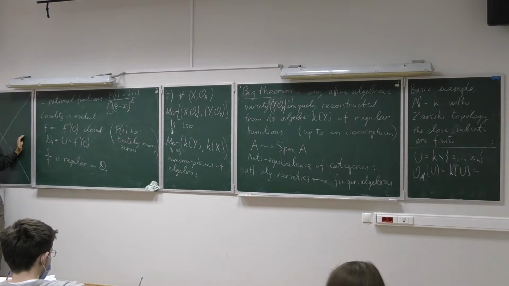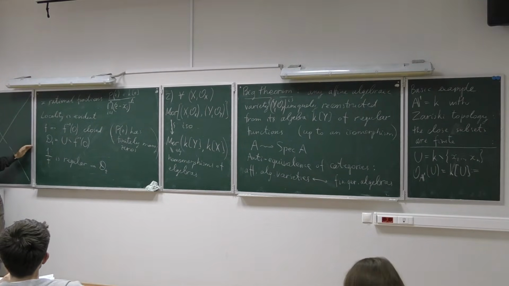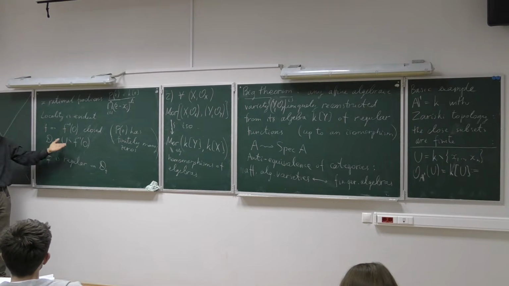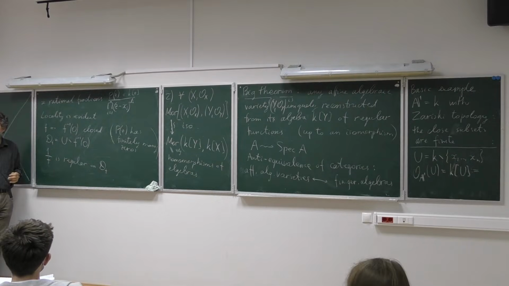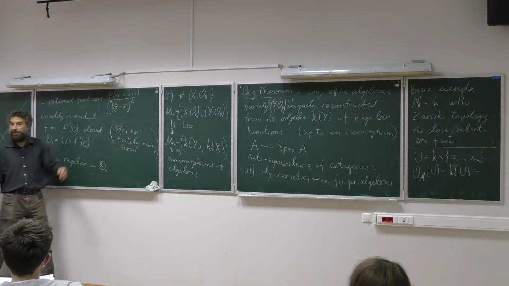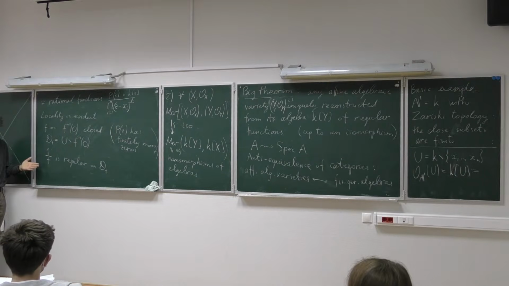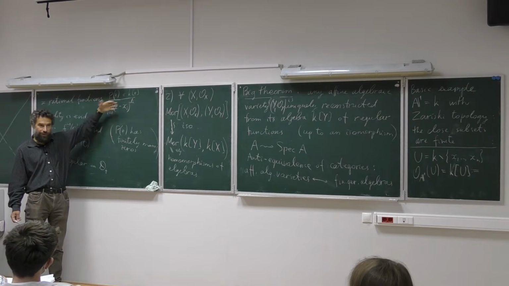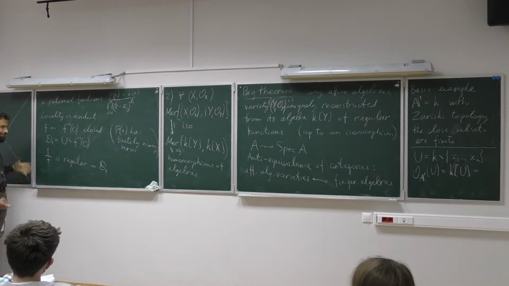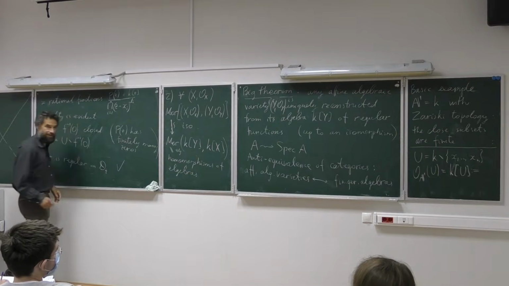And how? 1 over f is by definition a function defined here, just pointwise, using the multiplication and division in our field k. So everything is well defined. So why is it regular? Because it's a rational function. Again, it may have poles now in zeros of this guy, but then we removed these zeros. So we checked this.